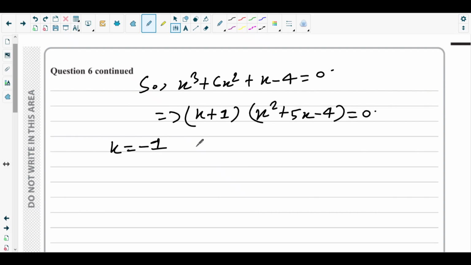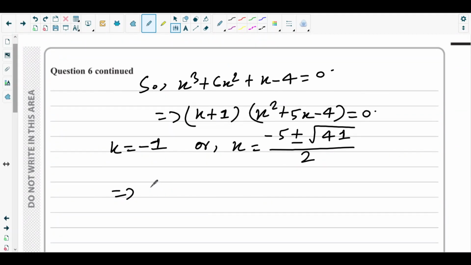X equals minus b plus minus square root of b squared minus 4ac over twice a. B squared is 25, 25 plus 16, which is 41, so square root of 41. So the other two roots are what?